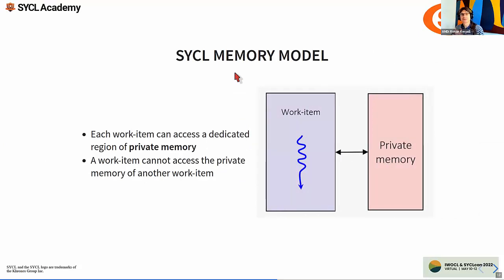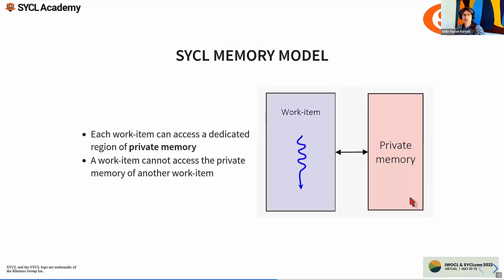So when we have seen the execution model, we can look at the memory model, which is about how you will store your data and how you will access it. The simplest memory we have in SYCL is the concept of private memory, where a work item can just access its own private memory.